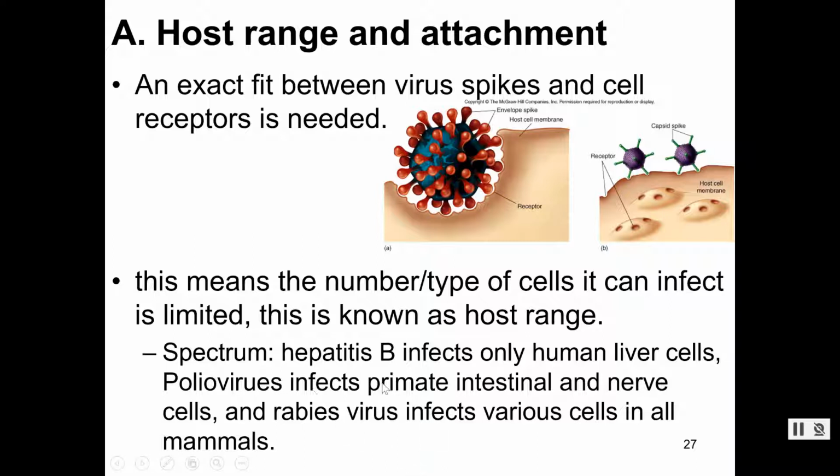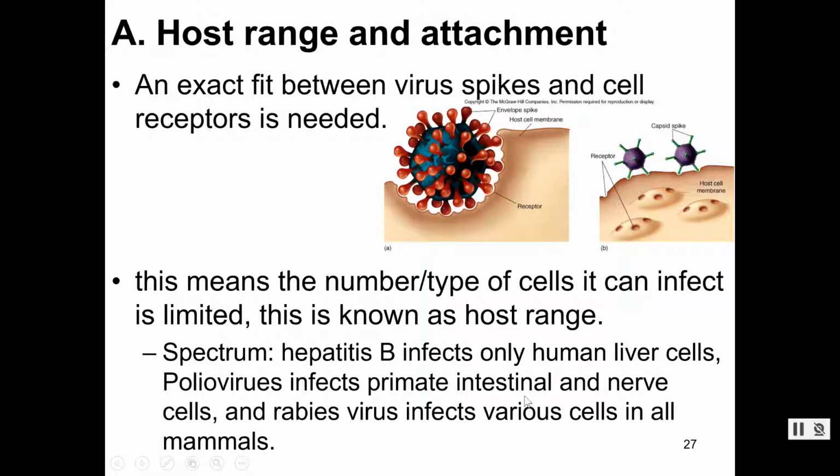Polio viruses infect a couple of different types of cells in our body. They can infect intestinal cells and nerve cells, and whichever cells get infected, that's where we see the signs and symptoms. If I go back to hepatitis, it only infects human liver cells, and the signs and symptoms of hepatitis include damage to the liver, leading to jaundice, because only the liver cells are being damaged.